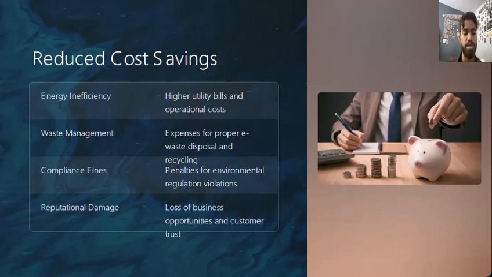In waste management, we need to spend our resources for proper e-waste disposal and recycling rather than just dumping in landfills, which can cause harmful emissions from the waste products. Compliance fines: penalties for environmental regulation violations.